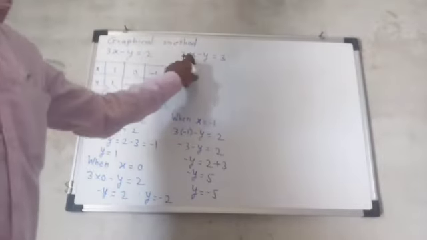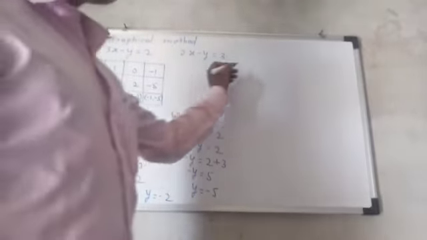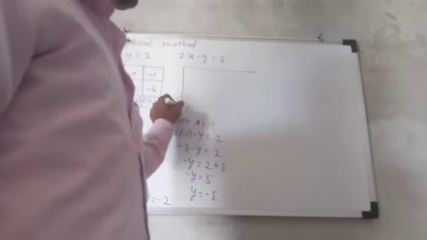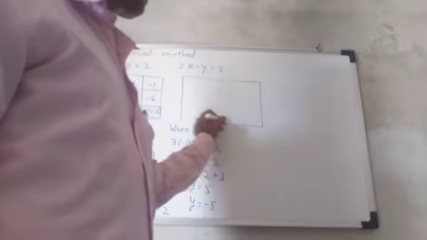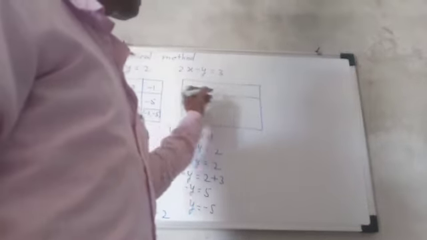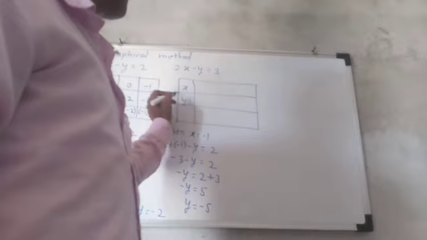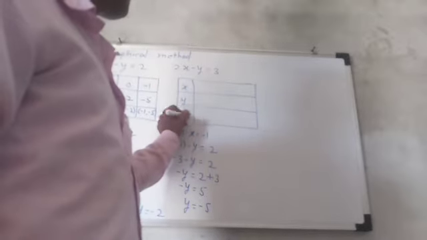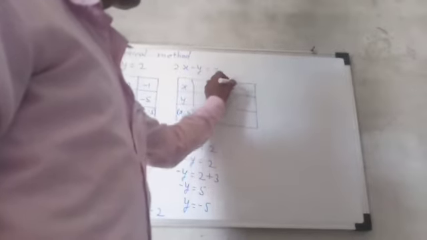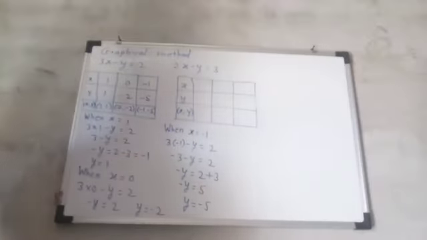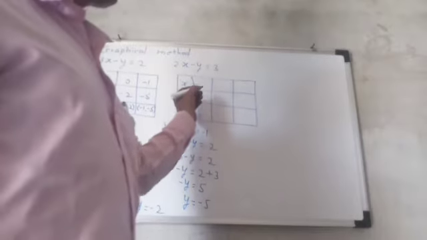Another equation, 2x minus y is equal to 3. Ordered pair x, y. x is equal to 0.